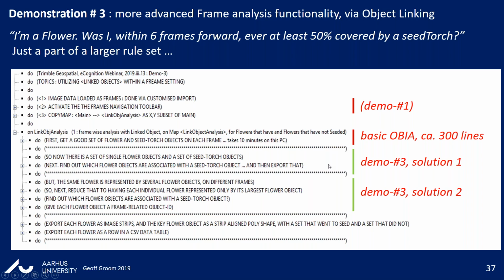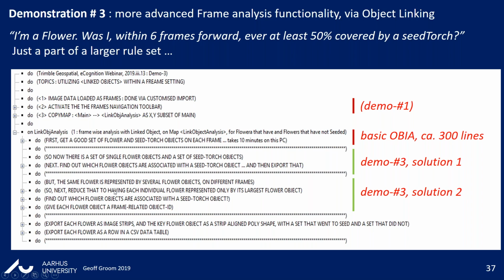And then I've got two versions of the essence of demonstration number 3. In one case, we're simply finding for every flower object the ones which were associated with a seed torch object later down the frame sequence. The second version of that is a little bit cleverer in that it realizes that, well, we don't need to do that for every single flower object, because often the same flower is represented on a sequential set of images.